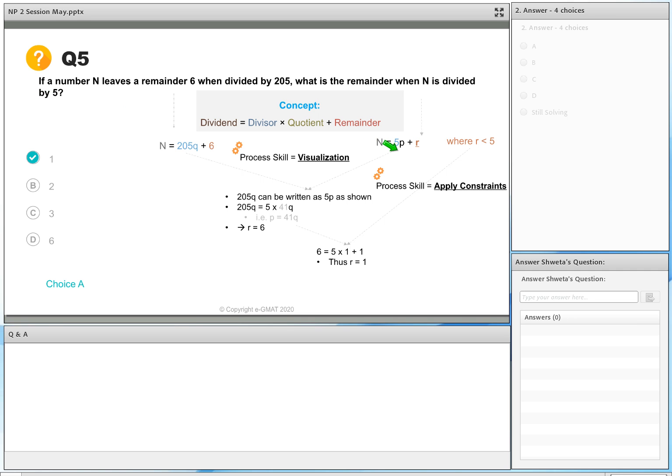The divisor does not change. Or you can think of this as dividing the remainder that you get by the divisor to get the final remainder. So when you do this, 6 is equal to 5 times 1 plus 1. So really the ultimate remainder that you leave is 1. Or you can think of it as 6 divided by 5 will leave a remainder of 1.